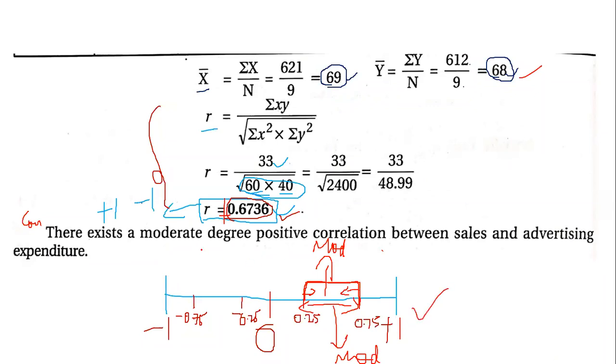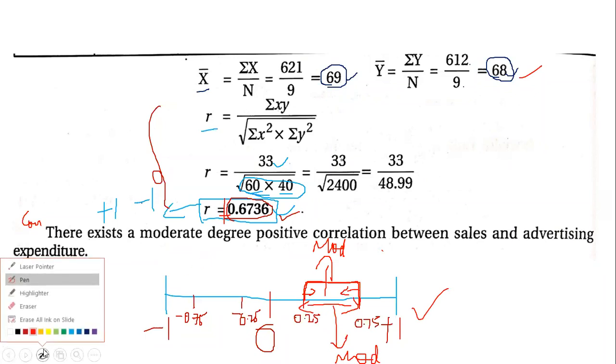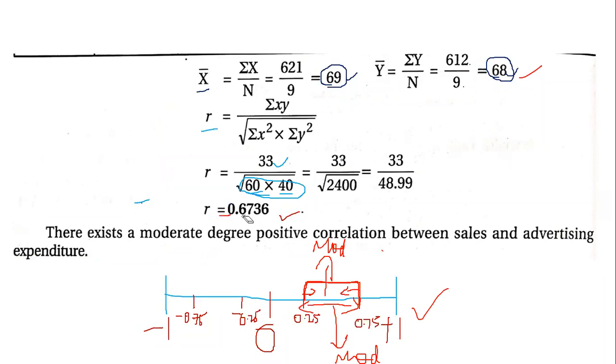Okay, there exists a moderate degree positive correlation between sales and advertising expenditure. Understood? So this is the final conclusion that you can give for the analysis part.